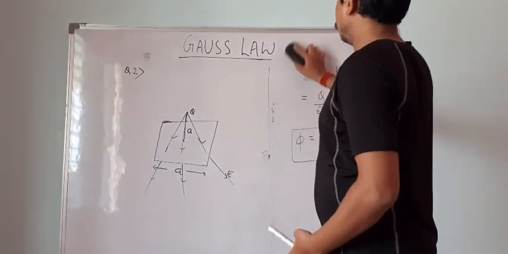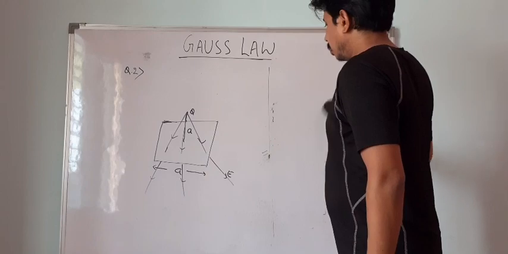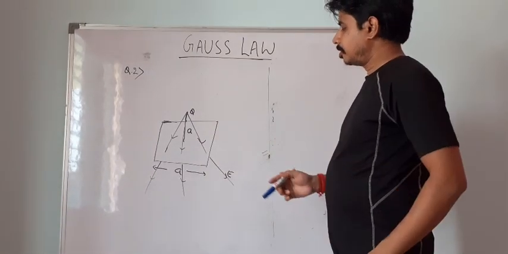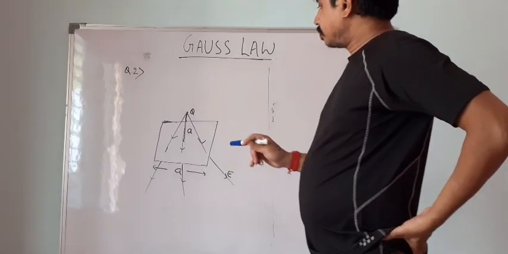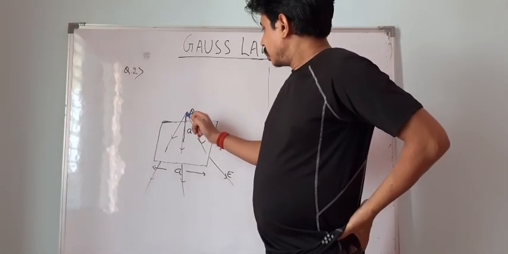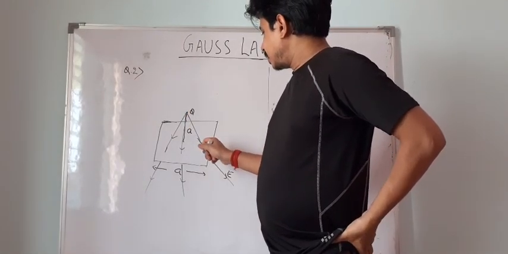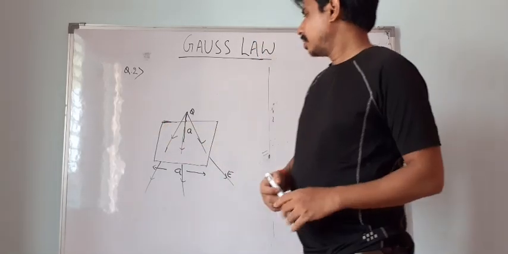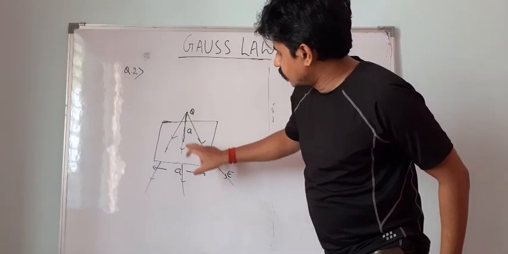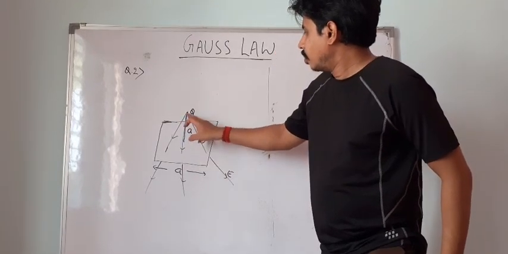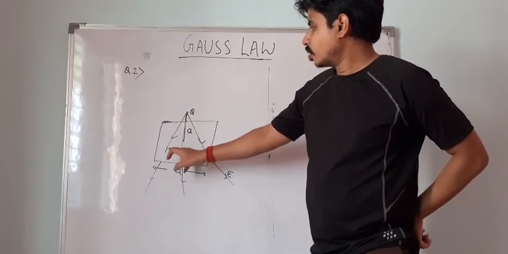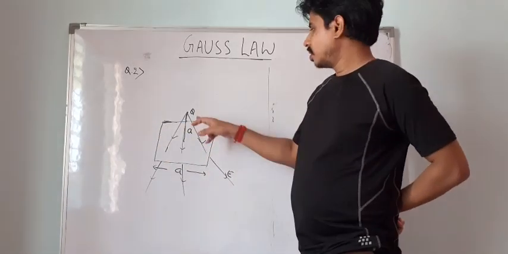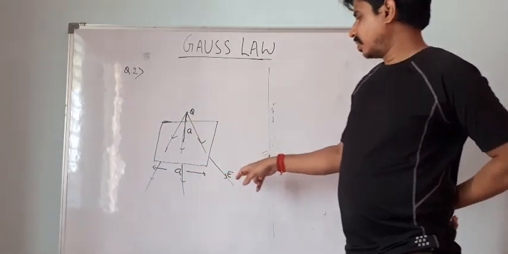Then how will we solve it? See, the thing is that this time the charge has a different distance from the different points on the plane. Here you can see the perpendicular distance is A, but here it is more than A, here also more than A. So at different places of the surface, the field must be different.